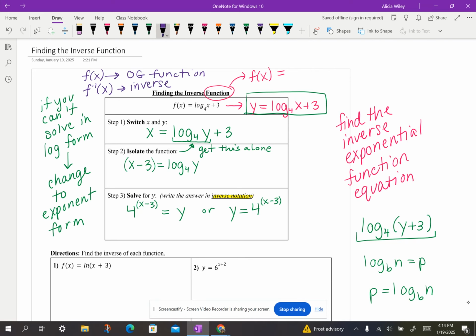So down here, instead of having a y, I want to write it in my inverse notation by using f of -1 of x. I'm just reading it. That's not really how you read it. It's an inverse function of x, but that's how you write it. f to the -1 of x. That's what it looks like when you write it. And this should be in place of y.